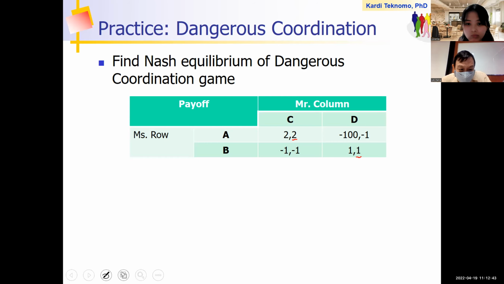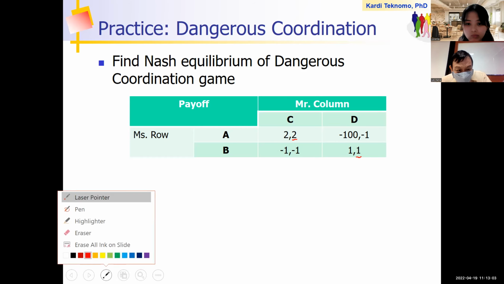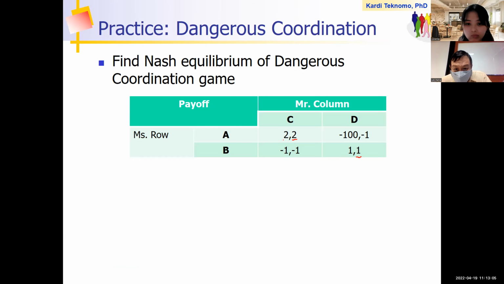It's already here, only in this column, C. Miss Row will compare 2 and minus 1. So which one is larger? 2, right? So then you write 2 here.